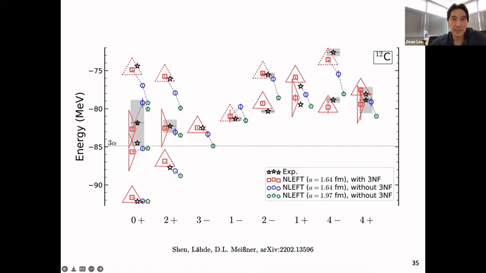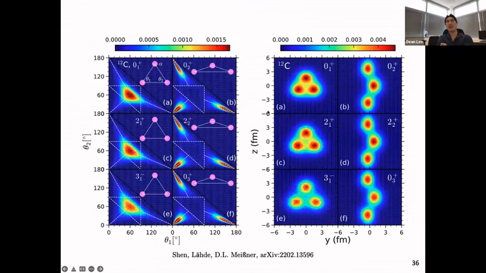And the symbols here, the triangles that are either equilateral or obtuse, are actually showing you the actual structure of the states, which I'll show you in a moment. So from these simulations, we can actually reproduce the intrinsic shapes of these carbon-12 low-lying states. And the surprising thing is that there seems to be 2 general structures that you can see.